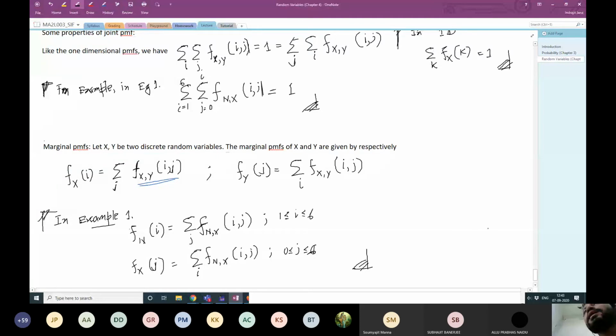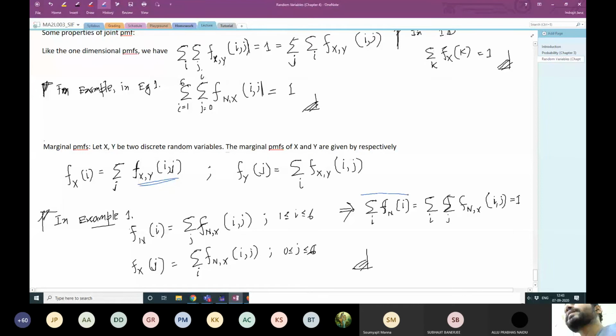As I said, if you take the sum over both indices, you get one, which means if you take the sum over i of f_N(i), this will eventually boil down to the sum over i and then the sum over j of f_{N,X}(i,j), which is 1.